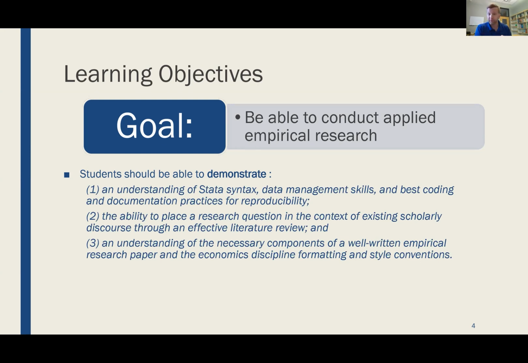They need to know how to put their research question in the context of the existing literature through a literature review. One of the things I won't have time to talk about here is that we spend a lot of time talking about the purpose and structure of a literature review in economics, which is, I think, markedly different than how it's used in other disciplines. And then, of course, how to pull all of that together into a well-developed research paper.